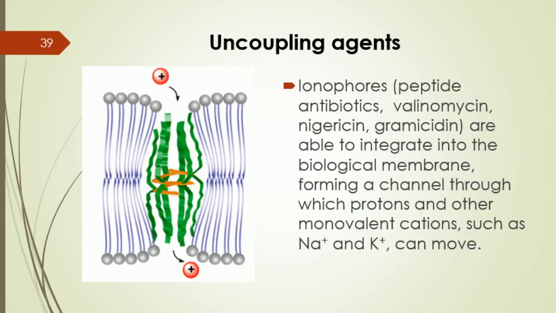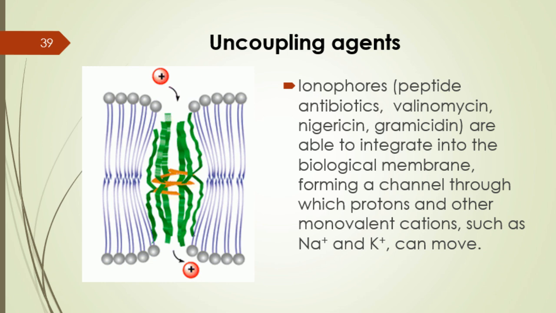Ionophores are antibiotics, such as valinomycin, nigericin, and gramicidin. They are able to integrate into the biological membrane, forming a channel through which protons and other monovalent cations, such as sodium and potassium ions, can move. As a result, the proton potential is removed and ATP synthesis is disrupted.